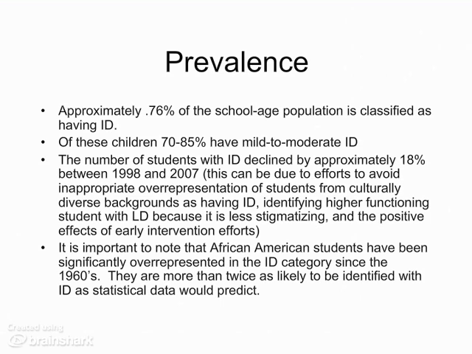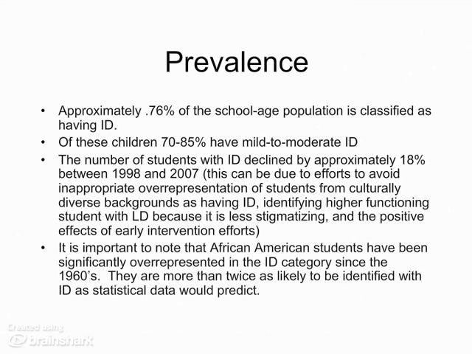It's important to note that African American students have been significantly overrepresented in the ID category since the 1960s. If you remember back from the module on the legal foundations of special education, the Larry P. versus Riles case addressed this factor in that it was determined that it would be illegal to place an African American student in special education purely due to an IQ score.